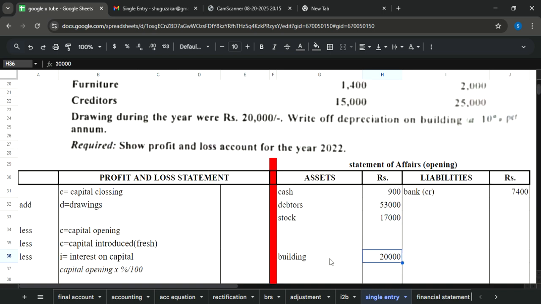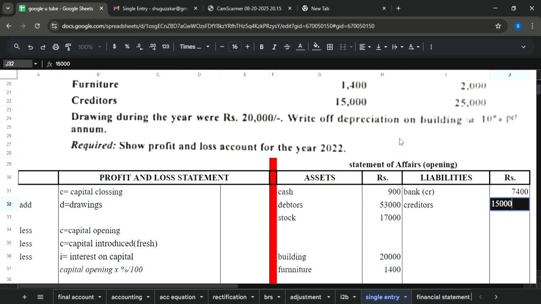After building we have furniture. Furniture is also your fixed asset. Amount is 1400. After that we have creditors. Creditors are a liability, and you are going to write 15,000 in the opening liability side.